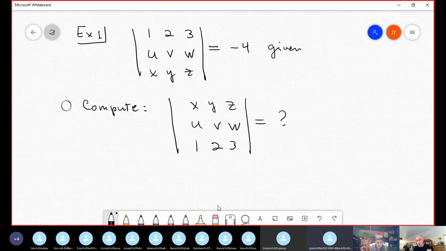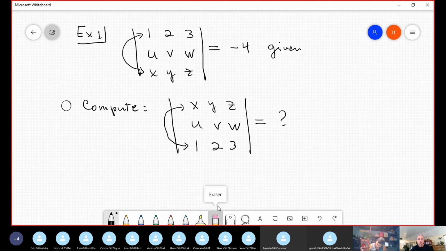Number 1. Because you can see the difference between this determinant and this determinant is only that somebody interchanged row 1 and row 3. I don't know if you interchange in the original or in this one. When you interchange rows, you get the same value but the opposite sign.